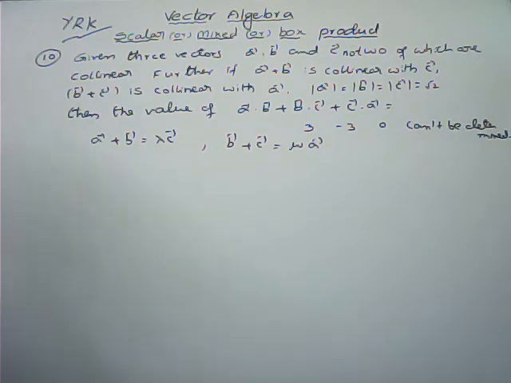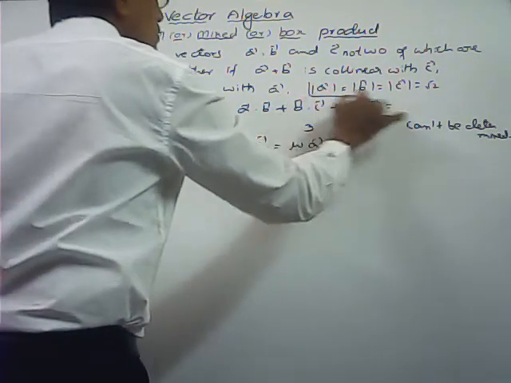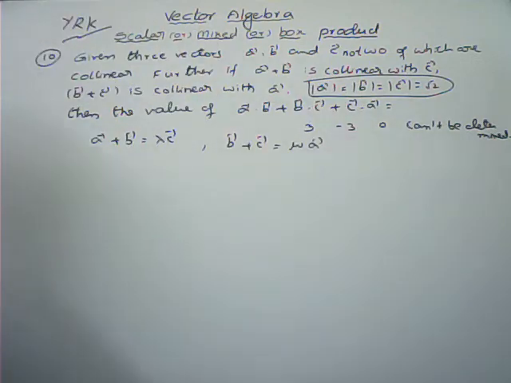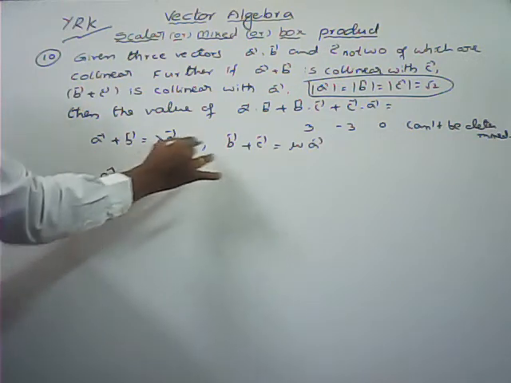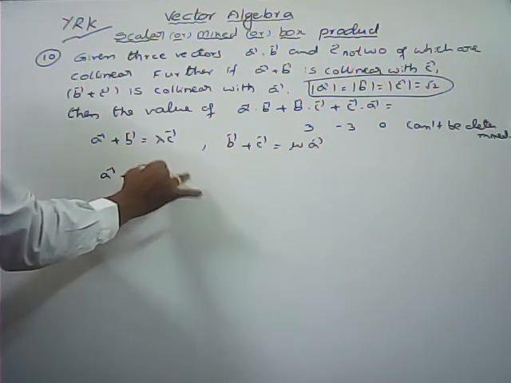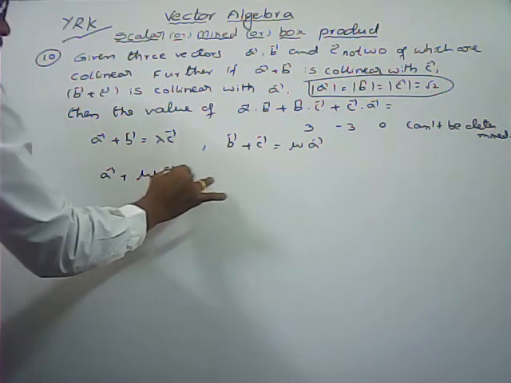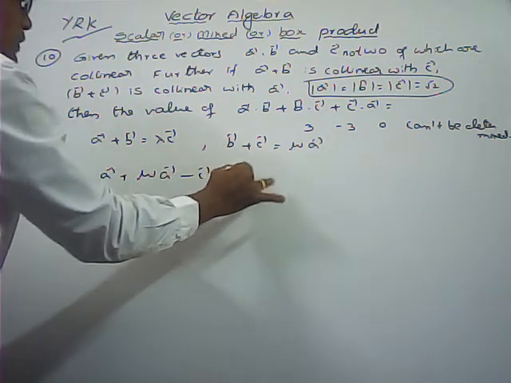Now here modulus of a bar, modulus of b bar, modulus of c bar, that is equal to root 2 is given. So here you can eliminate any one. In the place of b bar I can write mu into a bar minus c bar, that is equal to lambda into c bar.